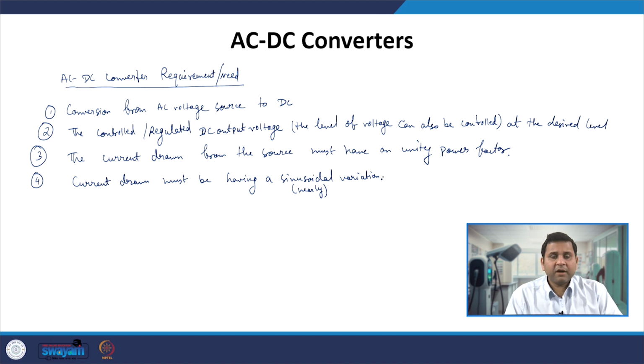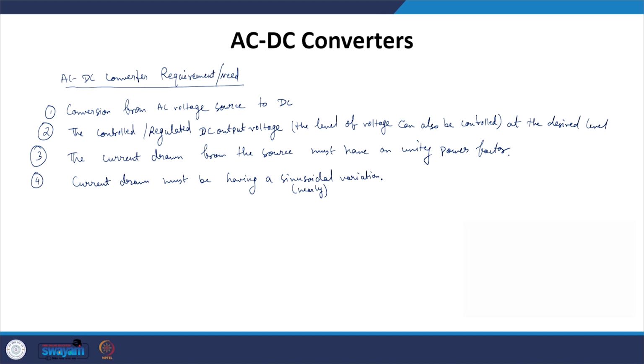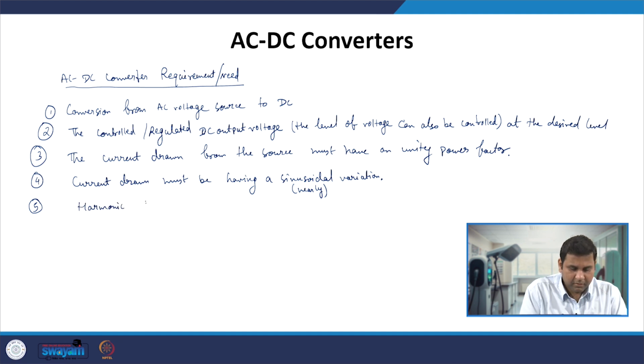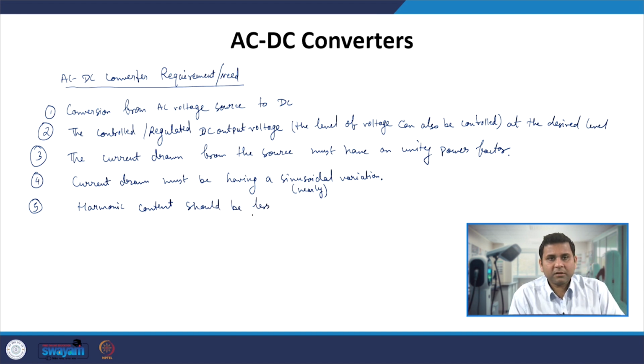That means if you have a sine AC source, the current drawn should follow the voltage. And along with this, you also want the harmonic content to be less, which means the THD of the current drawn is less.